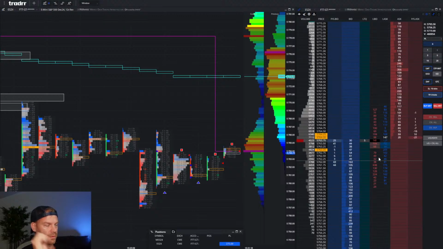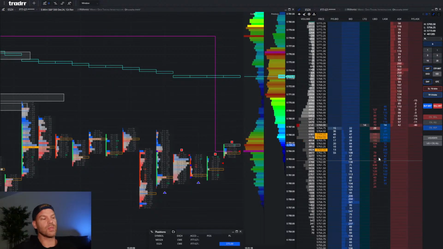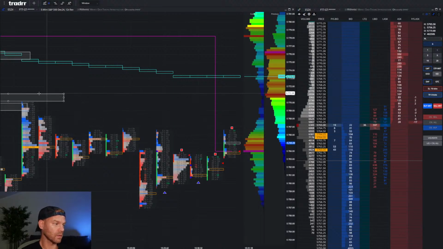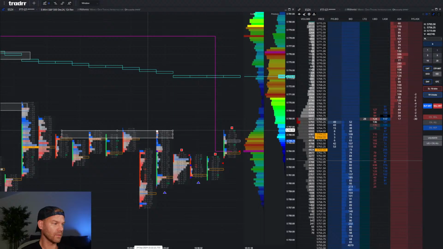Up to 75. Yeah, woohoo. Well, no, it's not super bad per se, but I'm still trading low contracts, right? And it's probably gonna run higher now since I got out, because I think it's gonna go to VWAP right now, break this level. Well, let's see if it can do that or not.